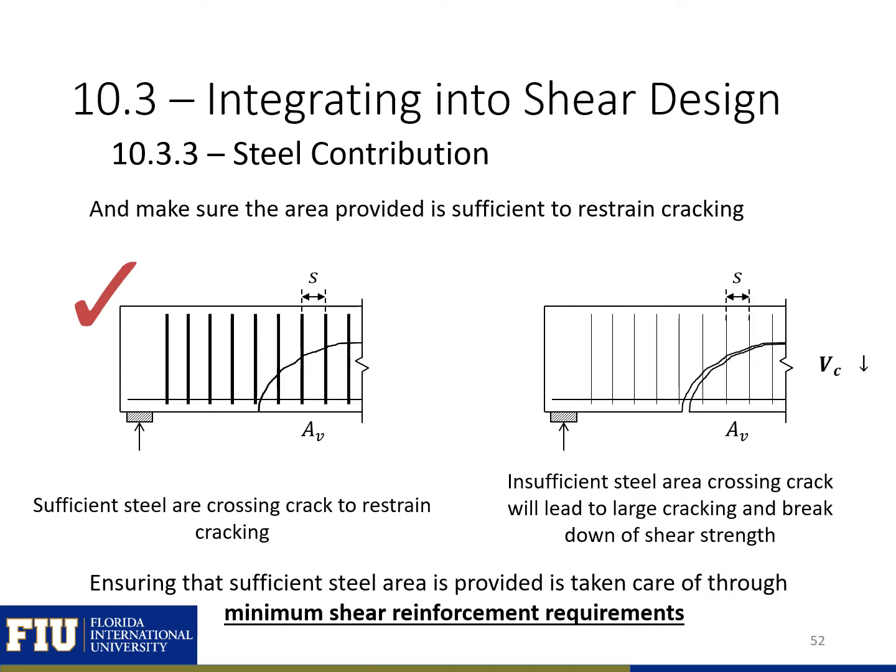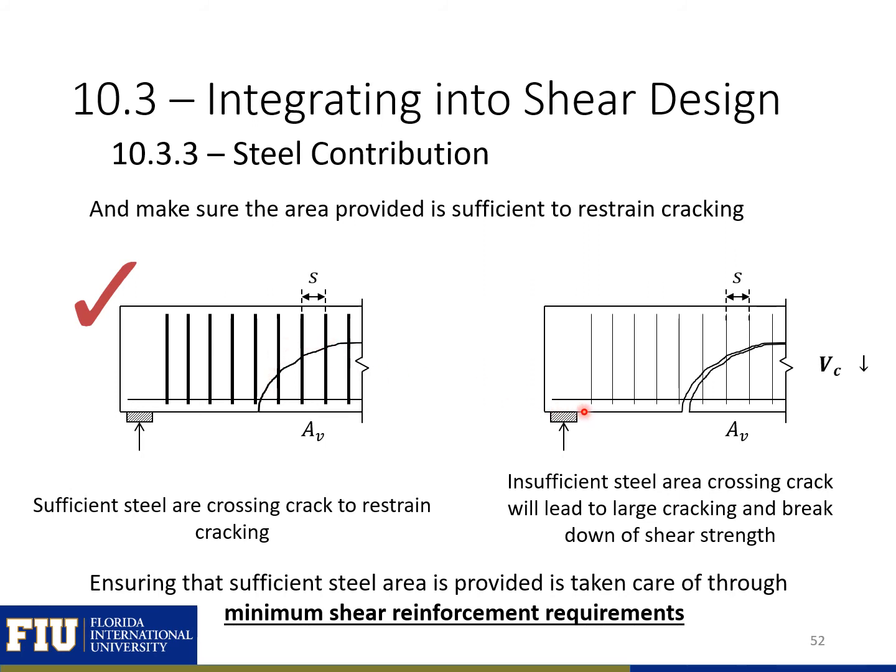We also need to make sure that the area of the shear reinforcement crossing the shear crack is sufficient to restrain the cracking and engage the 4 concrete components that we discussed a few slides ago. Here, the figure on the left has sufficient steel crossing the crack to hold the crack together to be able to engage the aggregate interlock and the residual tensile strength components that we discussed before.